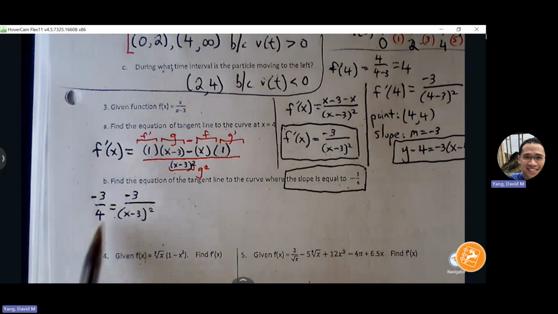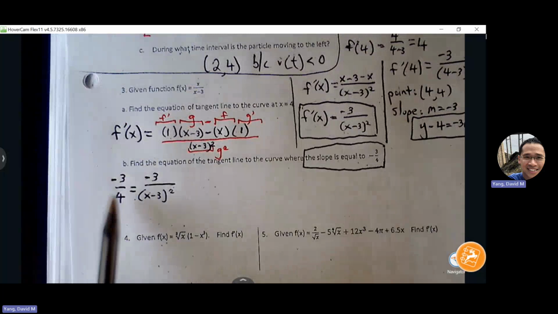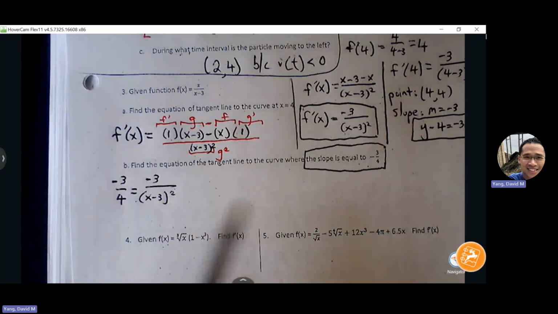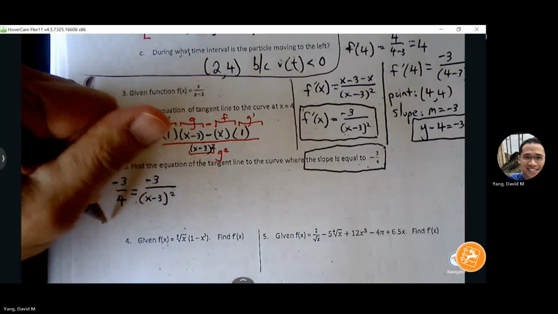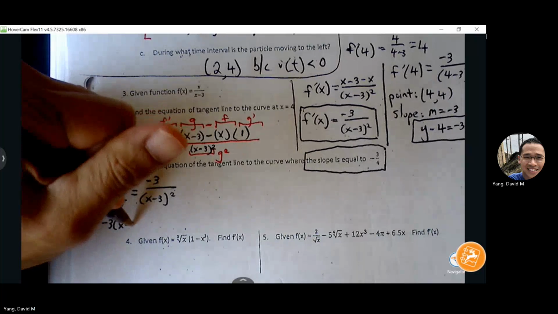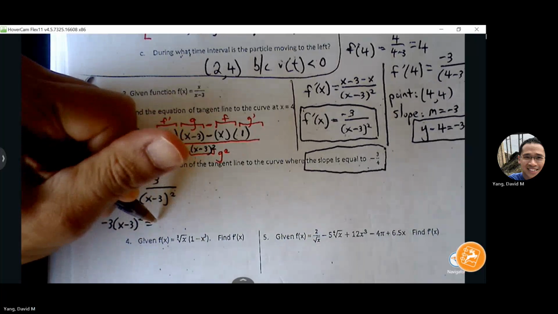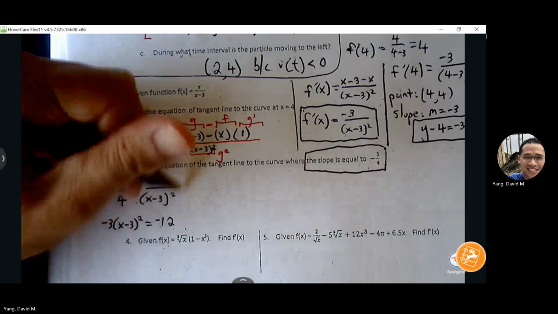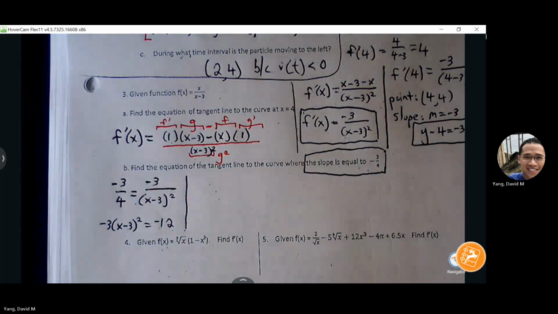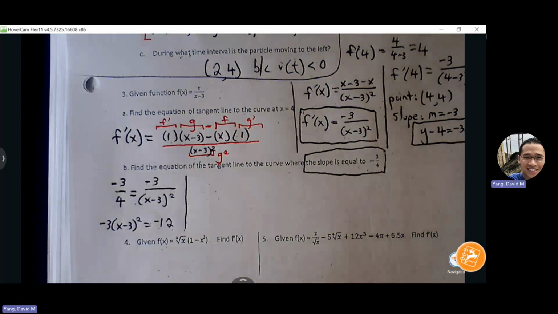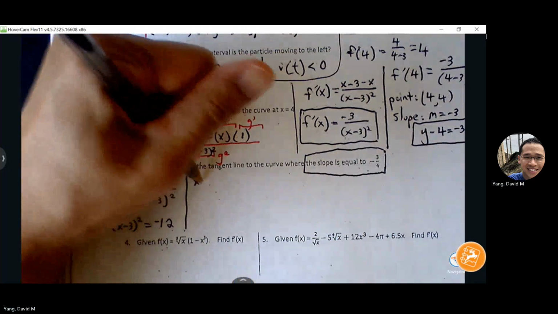Okay, so here, algebraically, we can solve for x. I'm going to cross multiply and see what I can do to solve for x. Divide both sides by -3, I get 4.